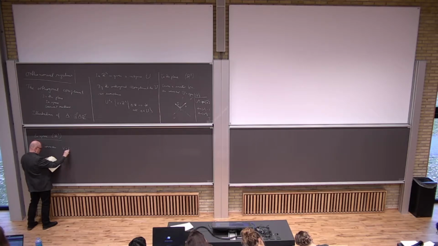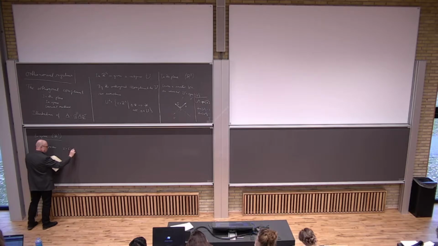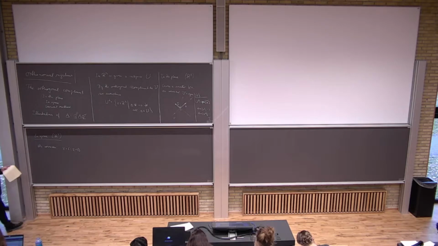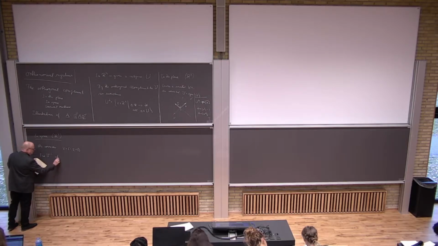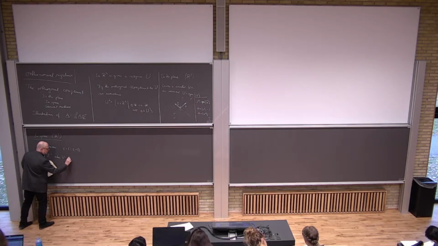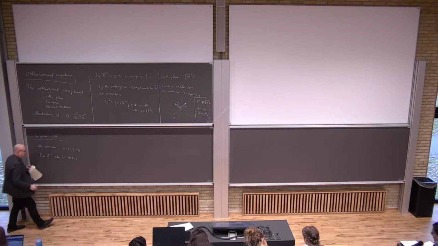And this is the vector with the coordinates, or the elements 1, 2, minus 3. And we want to find the orthogonal complement when U is equal to the span of this vector V here.